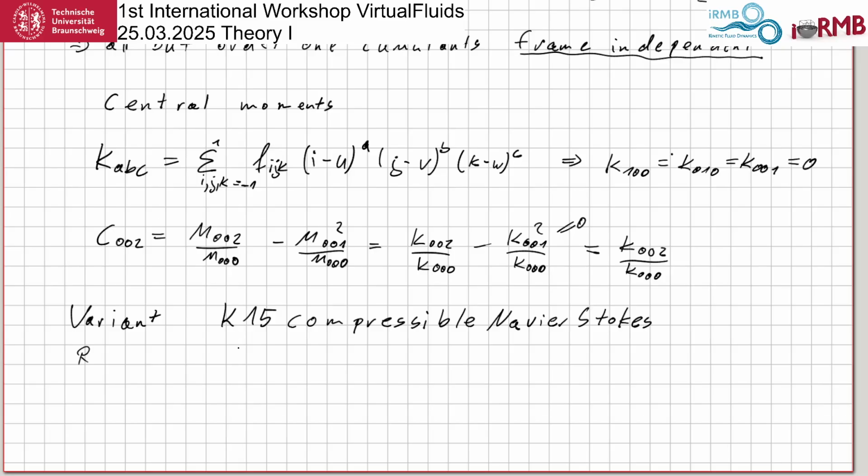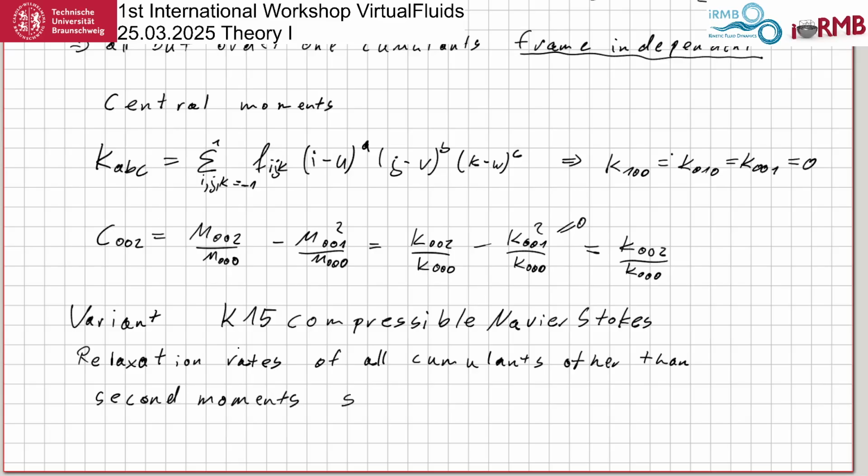In this variant, the relaxation rates of all cumulants that are not related to shear viscosity are set to 1. So this way, this thing is now very stable.